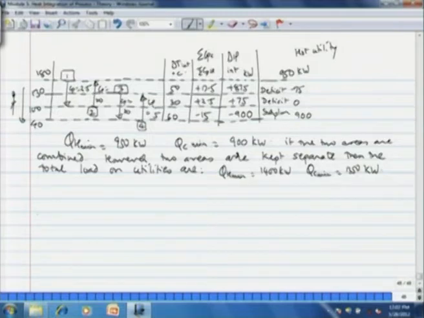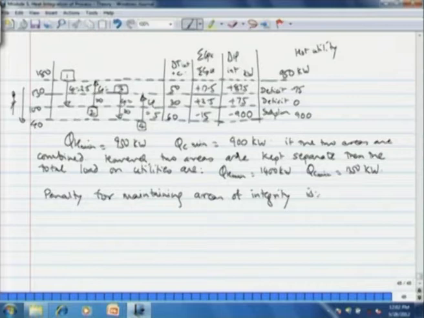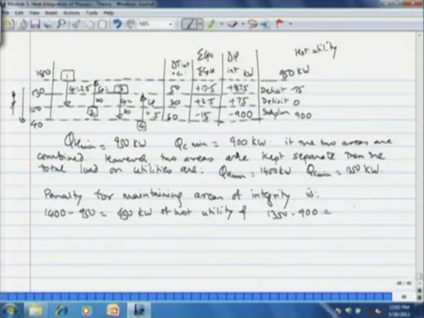So the penalty for maintaining areas of integrity is 1400 minus 950 kilowatt of hot utility, so 450 kilowatt of hot utility, and 1350 minus 900, that is another 450 kilowatt of cold utility.